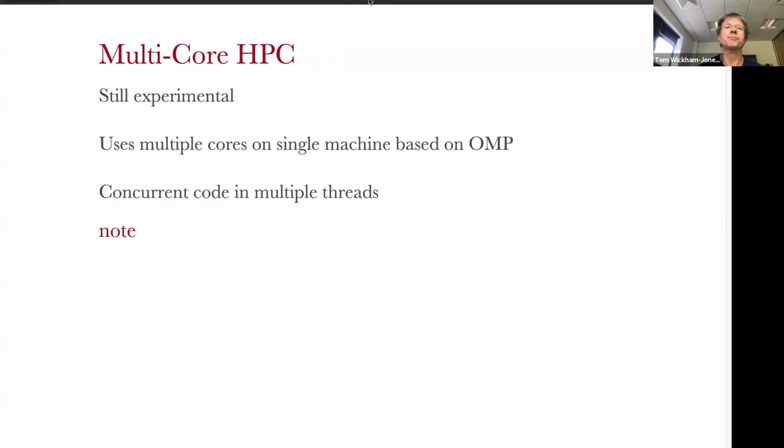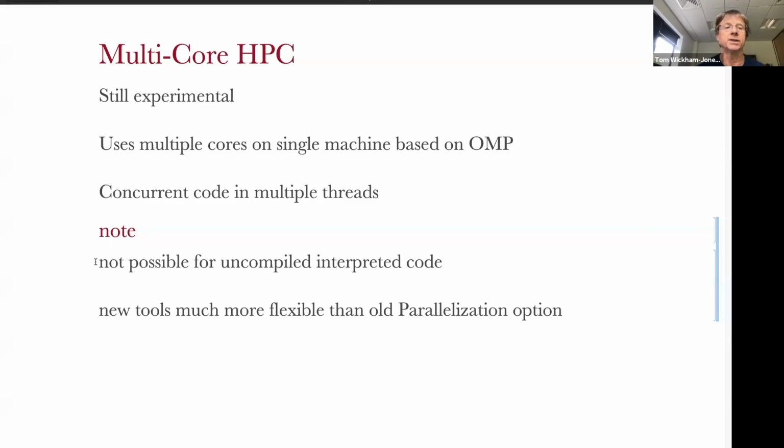Now I'm going to look a little bit at using multi-core CPU. This is still an experimental thing, using concurrent code running in multiple threads. These are tools we've been developing to make use of a commonly supported technology called OpenMP. A key thing to mention is that running concurrent code in multiple threads with uncompiled interpreted code is simply not possible.